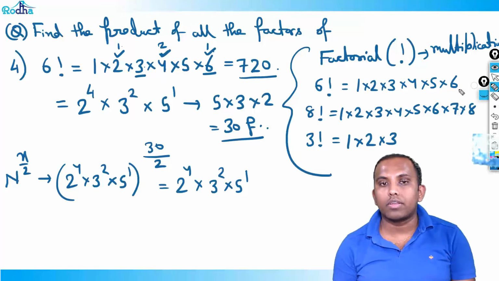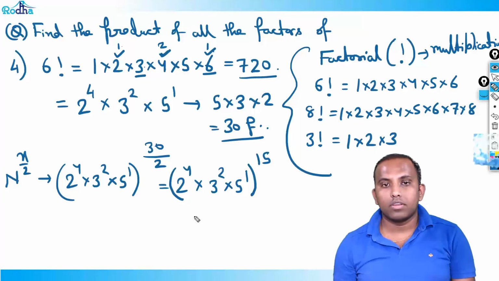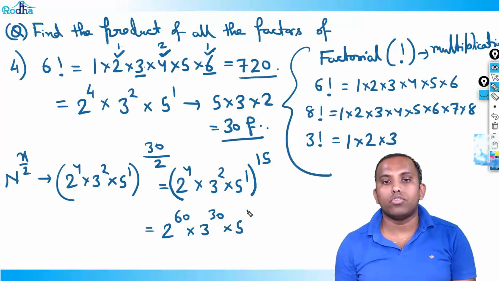So the answer is 2 raised to 60 into 3 raised to 30 into 5 raised to 15.